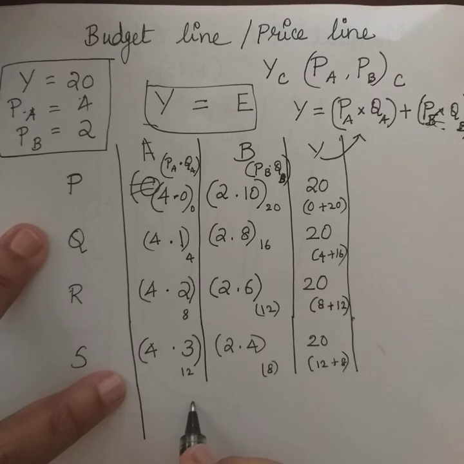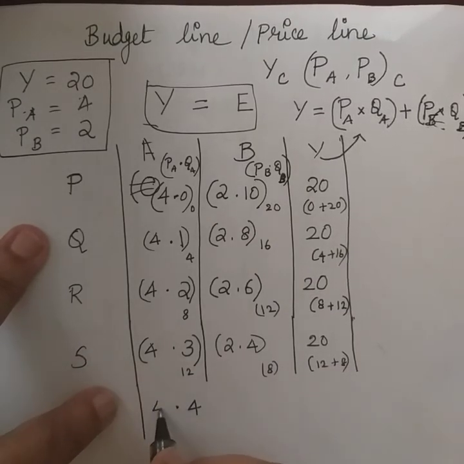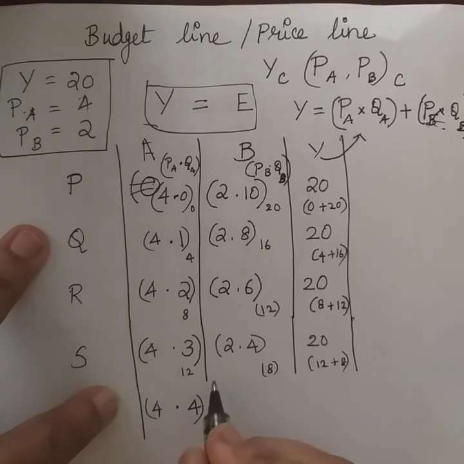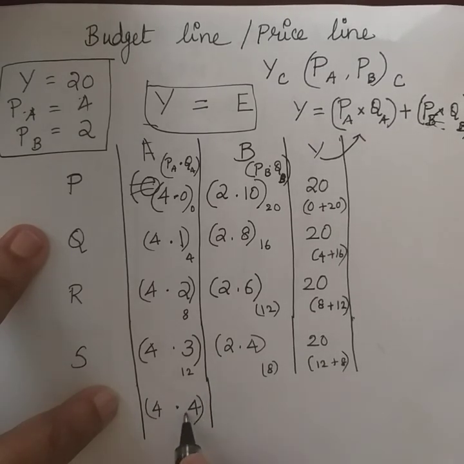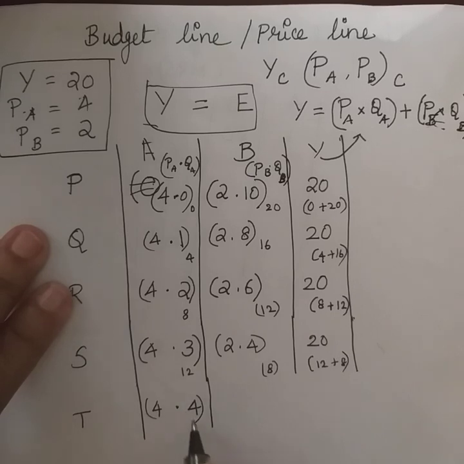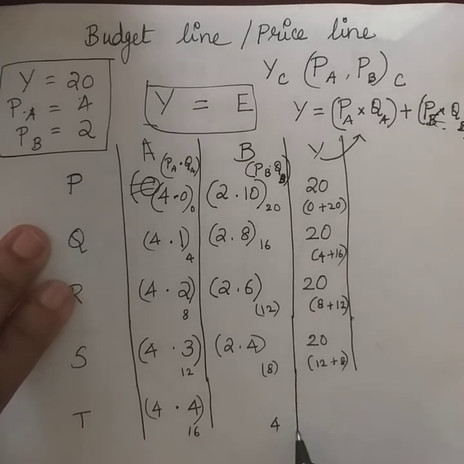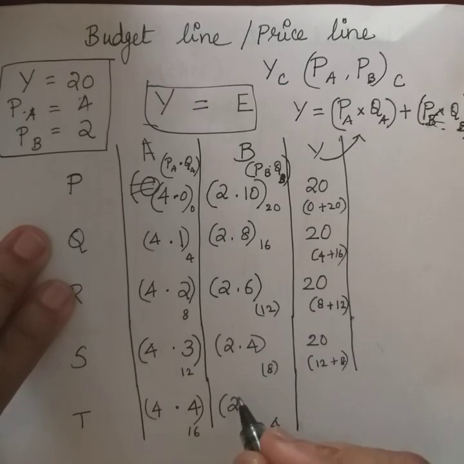Now, let us say the next combination, where the consumer wants to attain this 4th unit of apple at the same price. So what would be the expenditure? 4 into 4, that will be 16. That means 4 rupees is going to be left at the price 2, which remains the same throughout.